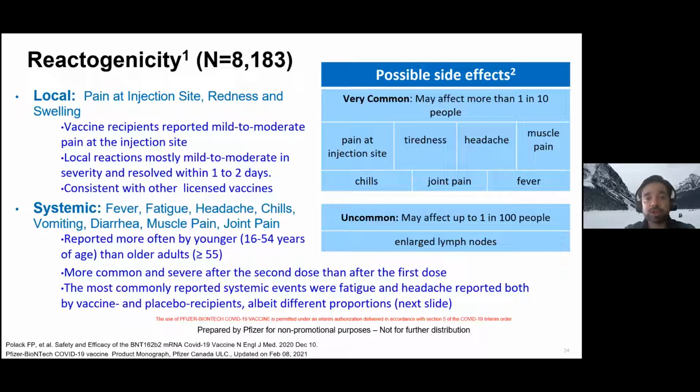If you look into the most common, which is distilled in this table on your right, the most commonly reported side effects were fatigue and headache. But interestingly, a good chunk of placebo also reported them. And there's this uncommon side effect where you see enlargement of lymph node, which may affect 1 in 100 people, and it indicates a slightly strong immune response. So that's about the reactogenicity events in short.